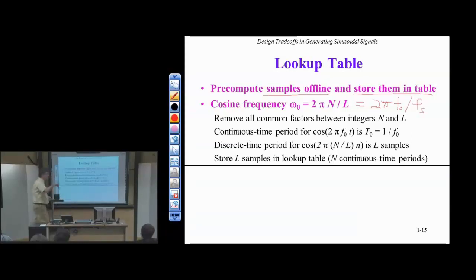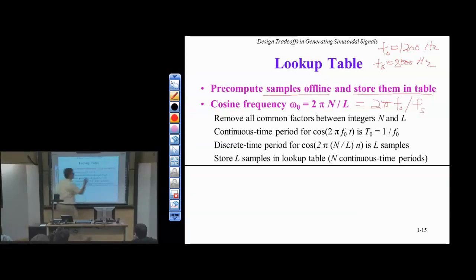And if you remember in the previous example, we had f naught is 1200, fs is 8000. f naught over 8000, a lot of common factors we can remove. We get down to 3 out of 20.